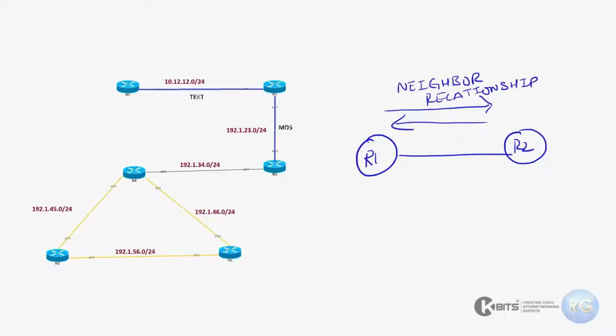Once the neighbor relationship is established, then they start exchanging the routes. When they send the routes across, the other router will acknowledge, hey, listen, I got your route. Because router 2 has acknowledged the route, router 1 is not going to keep on sending the same route over and over again to router 2.